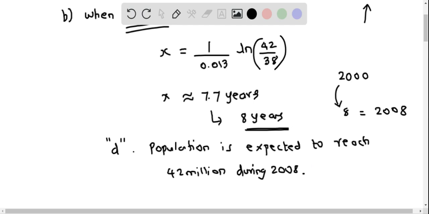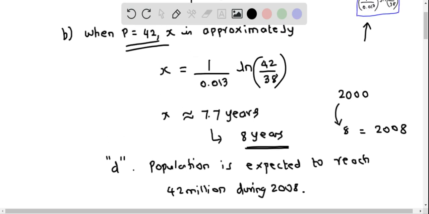So this is the interpretation when p equals 42.